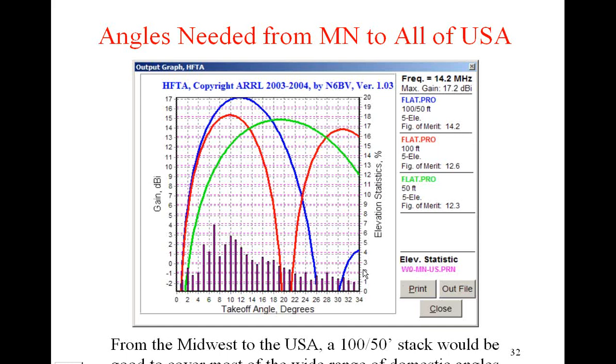By the way, just for explanation to the European audience and perhaps the audience down under in VK that are listening tonight, when we talk about a black hole, the East Coast of the U.S. is famous for being able to work Europe, the West Coast of the U.S. is famous for working JA, Japan, and the Midwest is famous for working nothing because they've got a great big black hole.